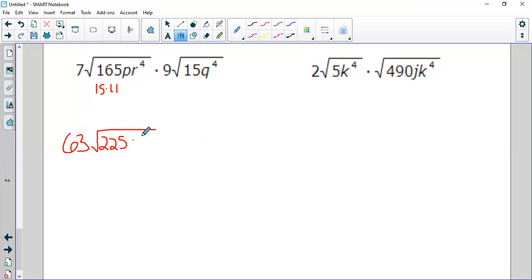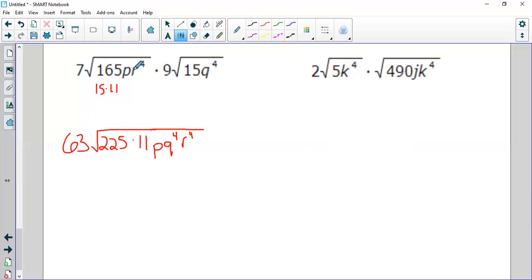And an 11, which is going to be my not perfect square that remains inside. And then I'll put together my variables, P, Q, R, so that's just a single P. I'm going to alphabetize them. A Q to the 4th and R to the 4th.